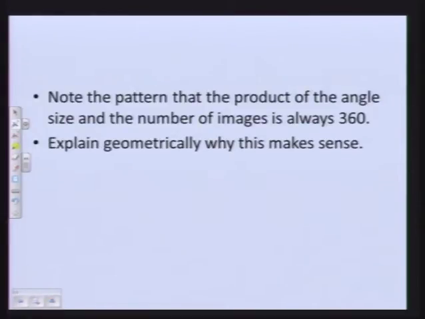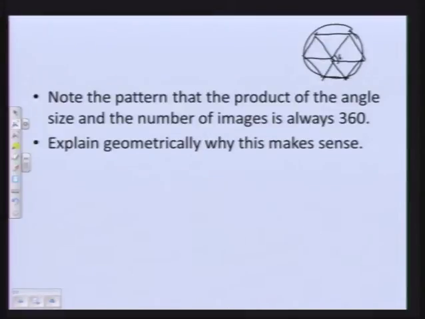I like to think of it in terms of having a circle and having, let's say, a hexagon inscribed in that circle. So if I had this hexagon inscribed in this circle, each of these triangles would be an equilateral triangle.